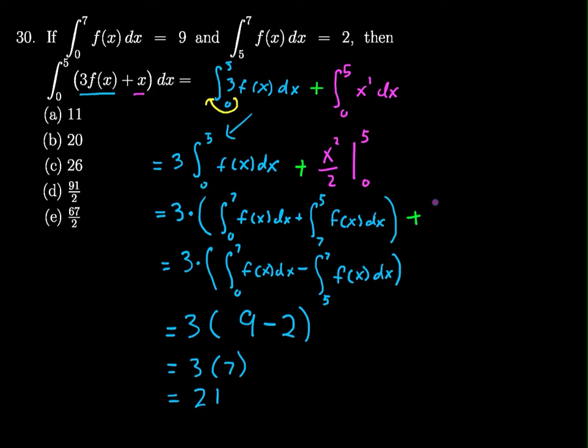That's going to be equal to 5 squared divided by 2 minus 0 squared divided by 2. And 0 squared is 0, divided by 2 is 0. We don't even have to worry about this term. And so we're left with this plus 25 halves, plus 25 halves, all the way down the line.